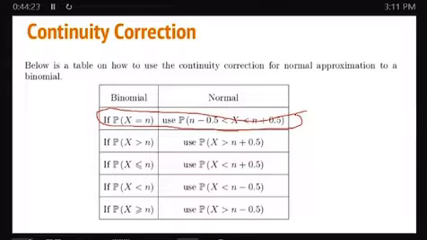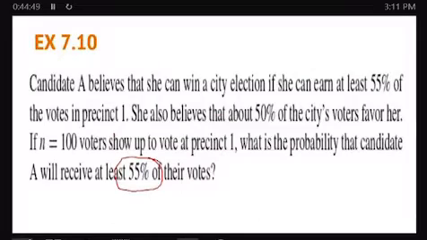So the idea of continuity correction is just to reduce information loss due to approximation. If you don't do that, you're right, there's going to be a lot of errors, which means your approximate value will be far from the actual value. That's a good question.